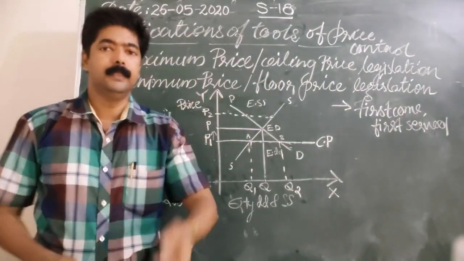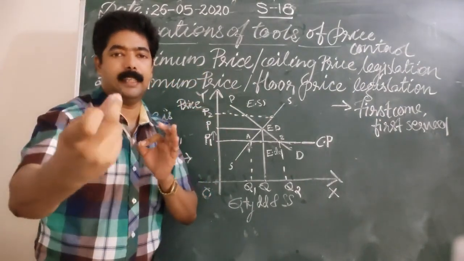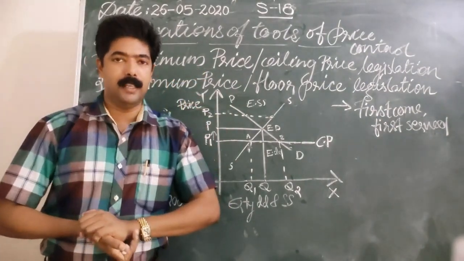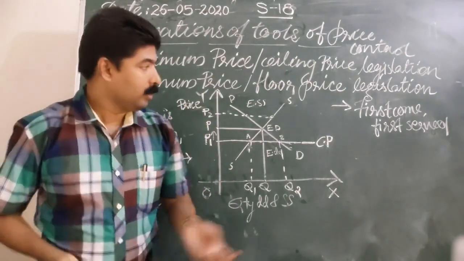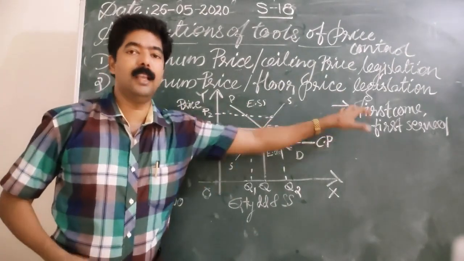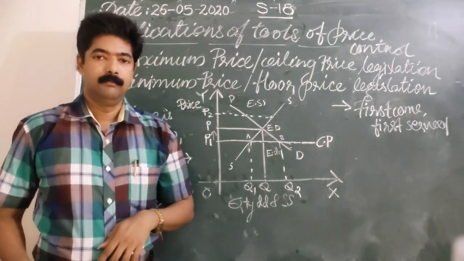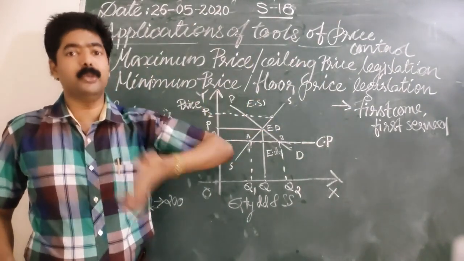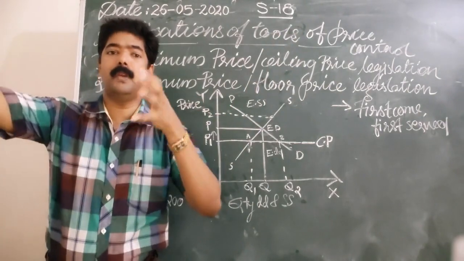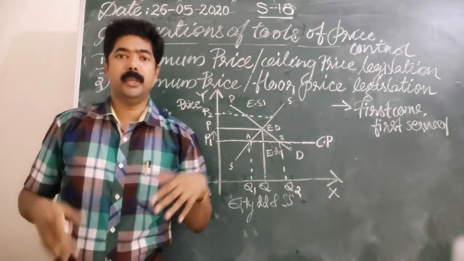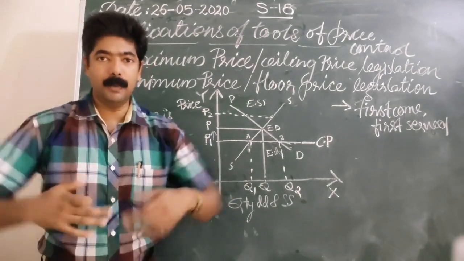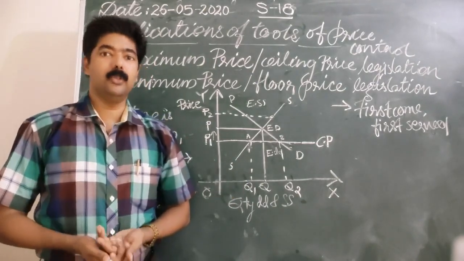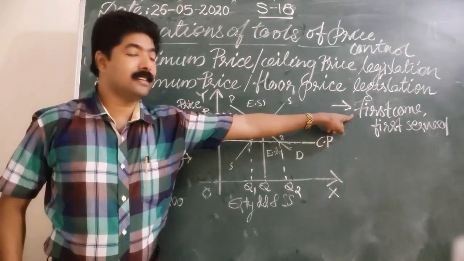In this system, the seller will allocate that limited quantity of commodity among the consumers. Those who come first will be provided. So they are in a queue. You are in a queue before a shop and your place is at the back. Will you be able to get the product? No, you are late. First come, first served.